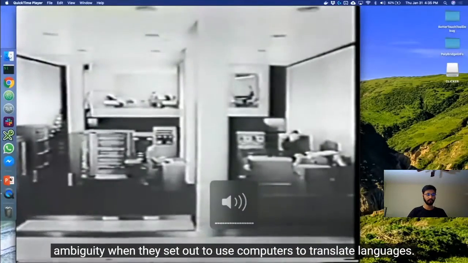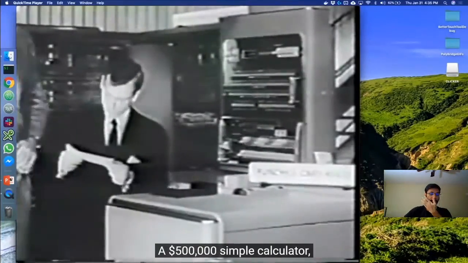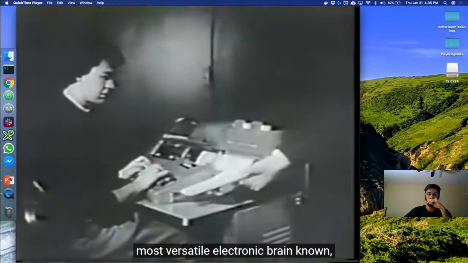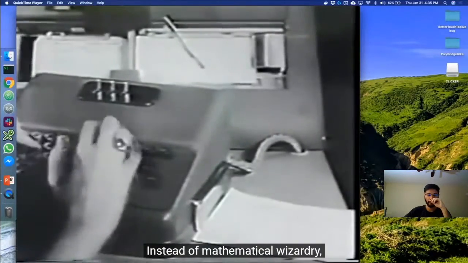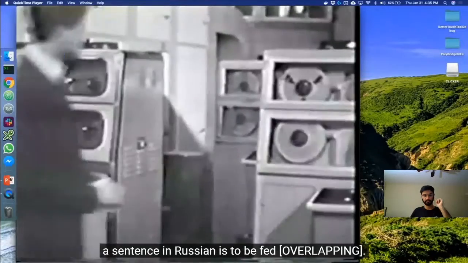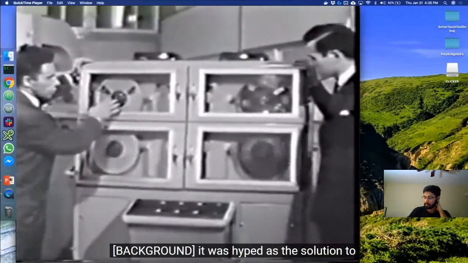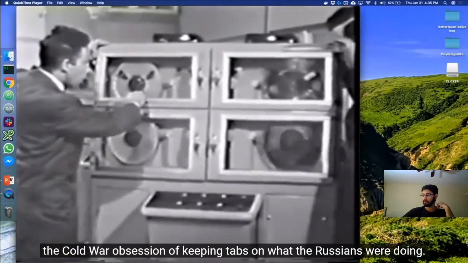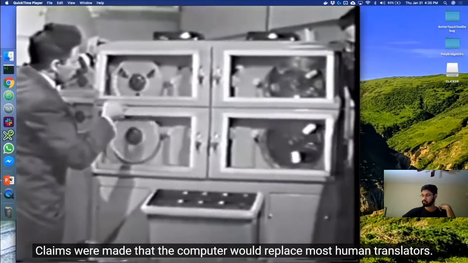Reckoned with ambiguity when they set out to use computers to translate languages. A $500,000 supercalculator, the most versatile electronic brain known, translates Russian into English. Instead of mathematical wizardry, a sentence in Russian is to be fed in... One of the first non-numerical applications of computers, it was hyped as the solution to the Cold War obsession of keeping tabs on what the Russians were doing. Claims were made that the computer would replace most human translators.